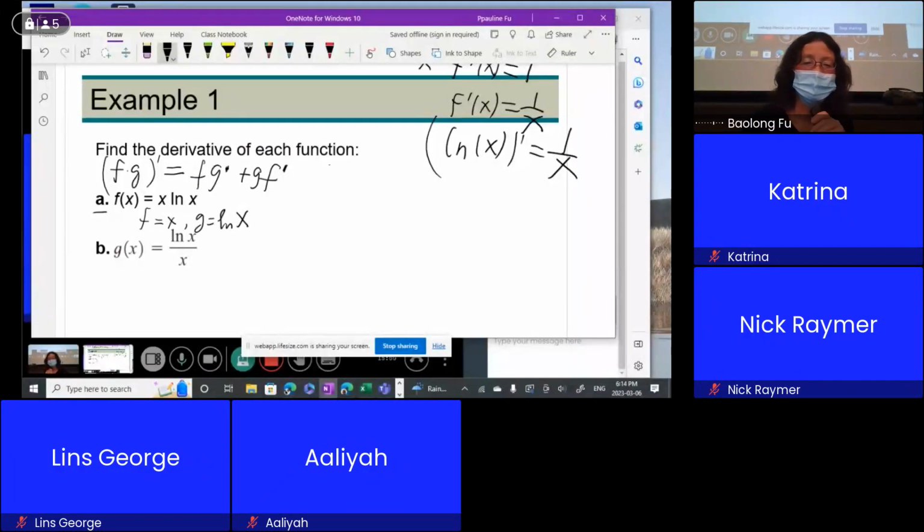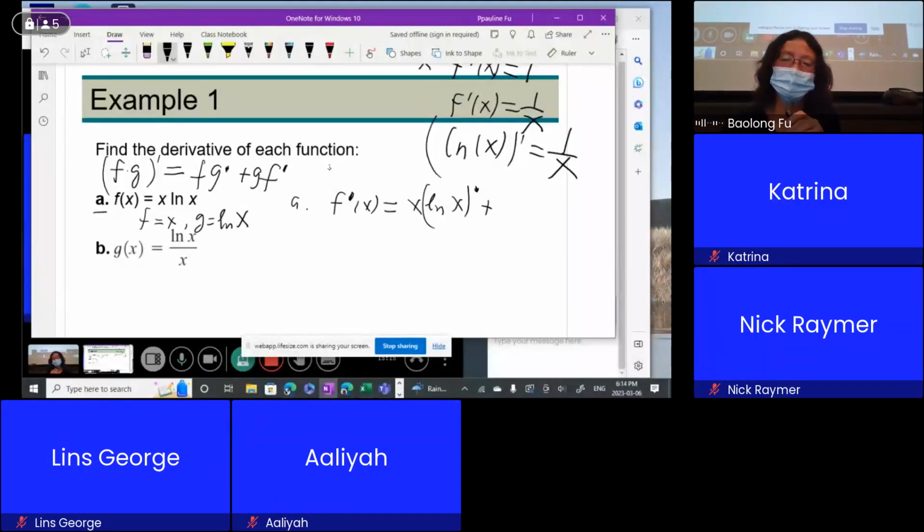Okay, so the solution for A: directly use the product rule.